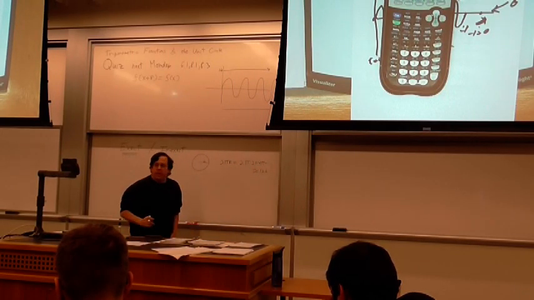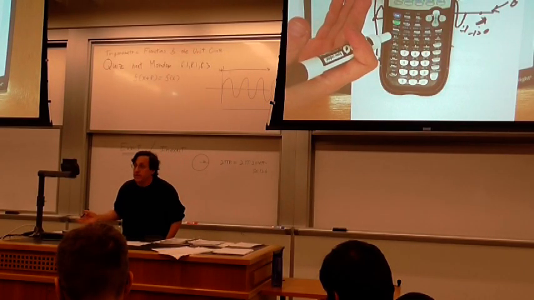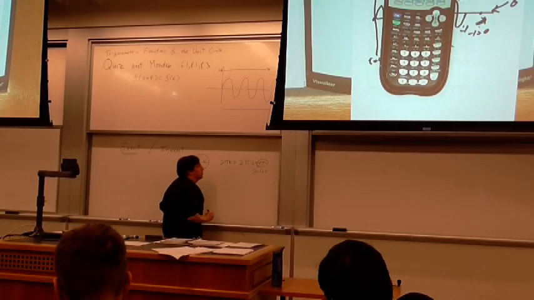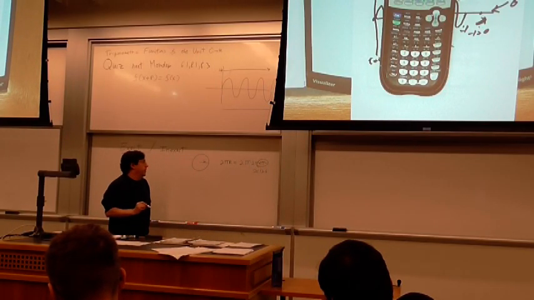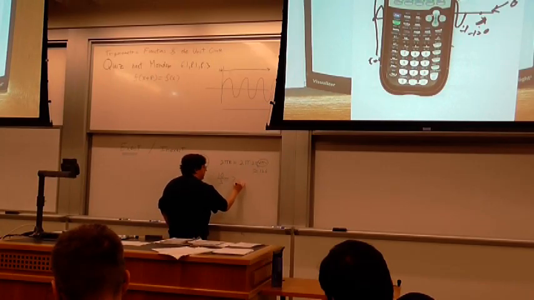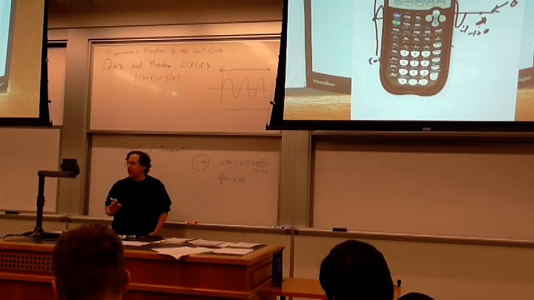Okay, that's not an exact answer, right? There's nothing wrong with just giving me 4 pi. Or another example is, what if the answer comes out to be this? Right? You put it into your calculator. Right? That's not an exact answer.